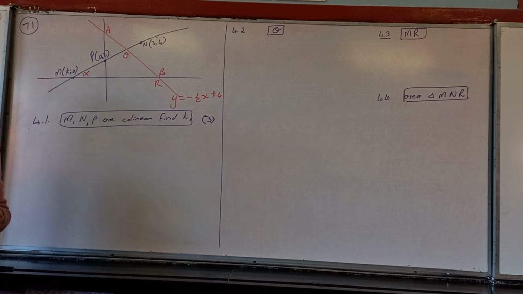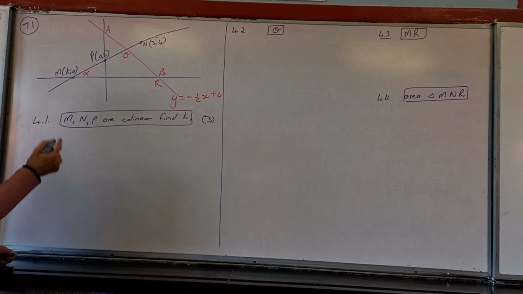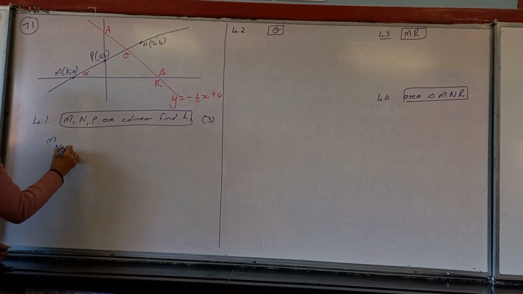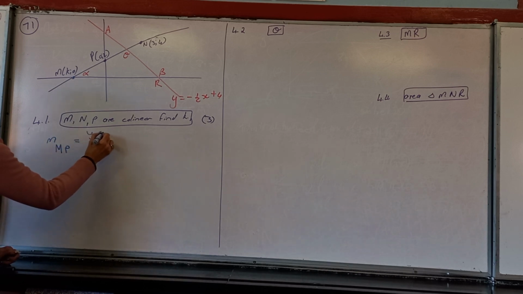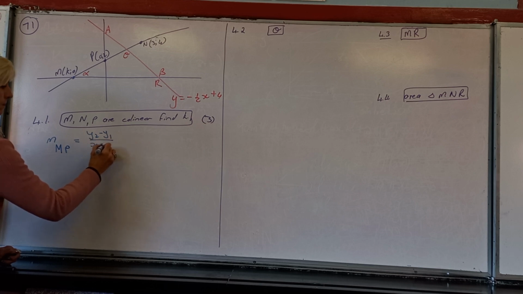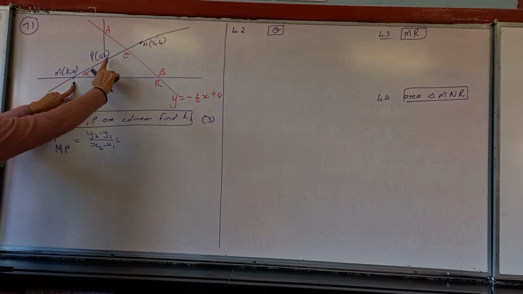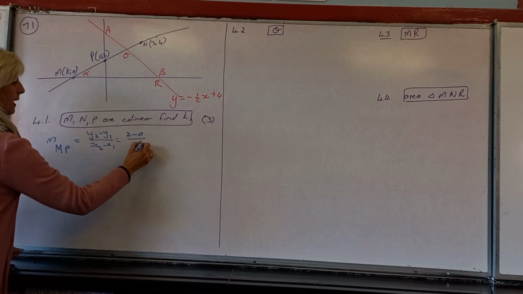So what am I going to use still? Gradient. So now find the gradient between, for instance, M, because this is the one I'm looking for, and then I can go MP, or I can go MN, it doesn't matter. I'm going to work out the gradient of MP by saying, formula, and then if I take those two points, I've got 2 minus 0 over 0 minus k.